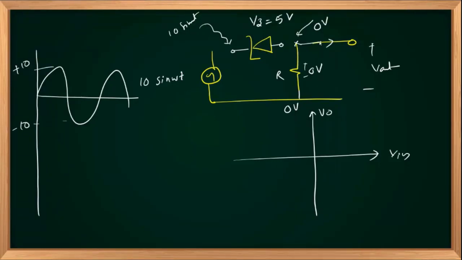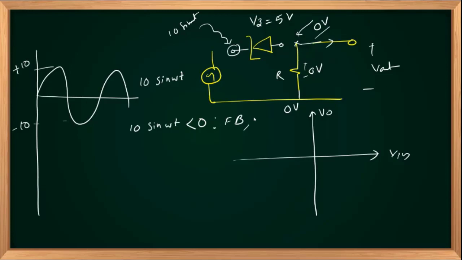So if 10 sin omega t or V in is less than 0, your diode is forward biased because the cathode is less positive than the anode. The anode side is at 0 volts and the cathode is negative, so anode to cathode is positive, and the diode is forward biased, acting as a short circuit.